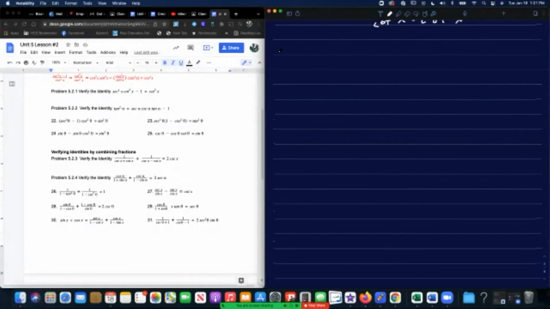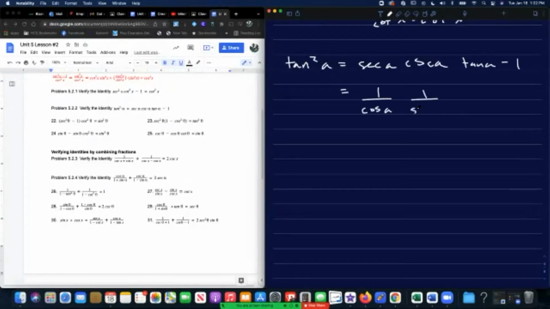All right, the next one we've got is tan squared of alpha is equal to secant of alpha, cosecant of alpha, tangent of alpha minus 1. So if we think about it, basically this is 1 over cosine of alpha, 1 over sine of alpha, and sine alpha over cosine of alpha. And then it's all minus 1.